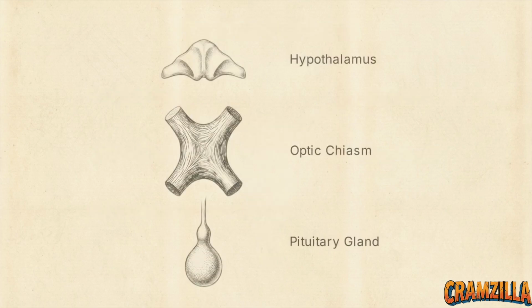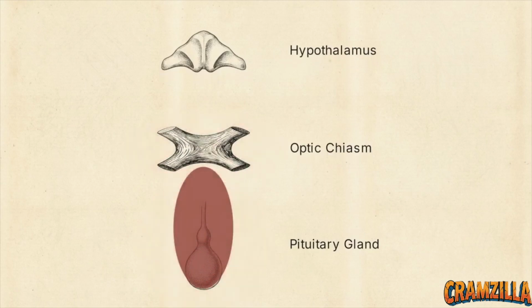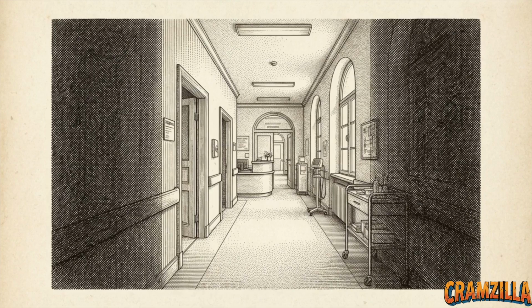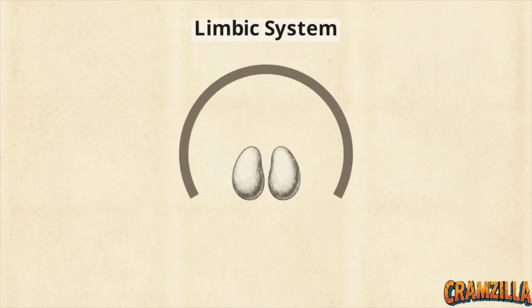Because of this tight anatomical packing, a single localized mass, like a pituitary tumor, compresses multiple structures at once. The patient will present with profound endocrine failure, autonomic dysfunction, and a specific loss of peripheral vision known as bitemporal hemianopia.